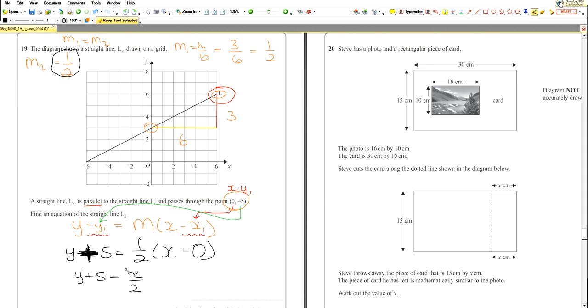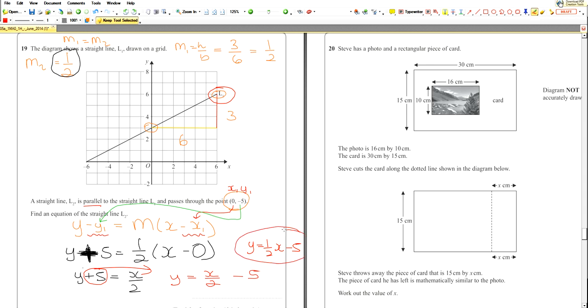Now we need to make y the subject, because a straight line equation normally starts with y equals something x. So let's move the plus 5 over. Therefore y is equal to x over 2 minus 5. We can also rewrite it leaving the half separate.